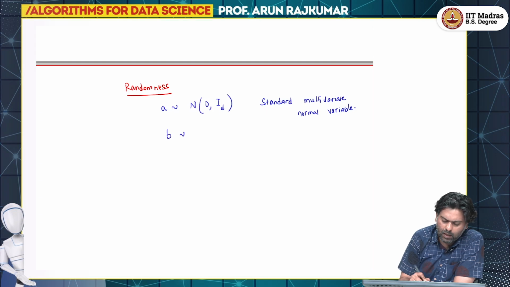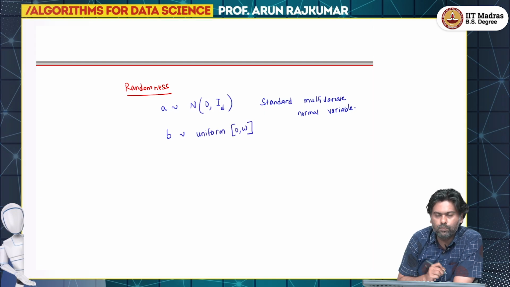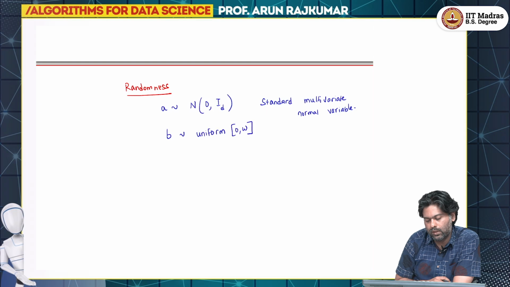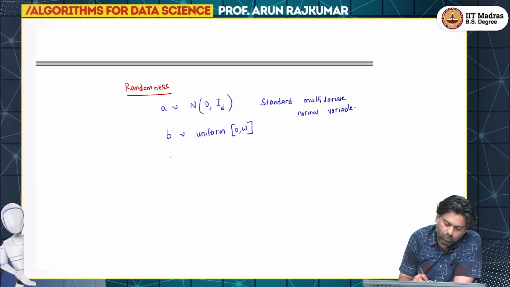Now b, I am going to think of as uniformly distributed in 0 to w, and we will see why this is useful as we argue about the sensitivity of this family. w is some fixed number; there is nothing random about w.